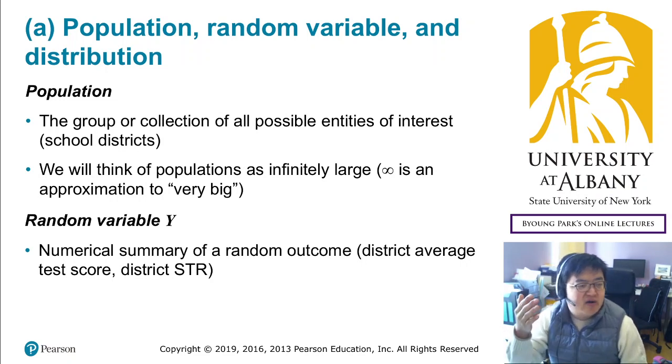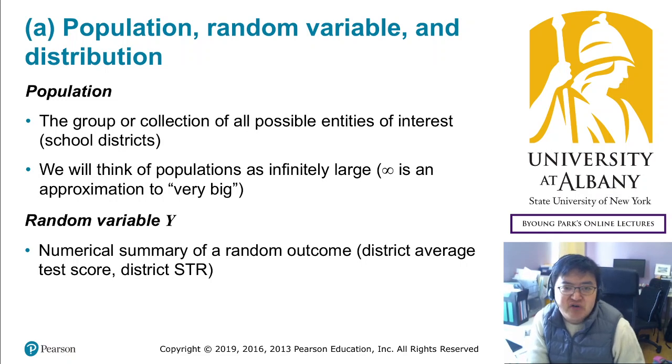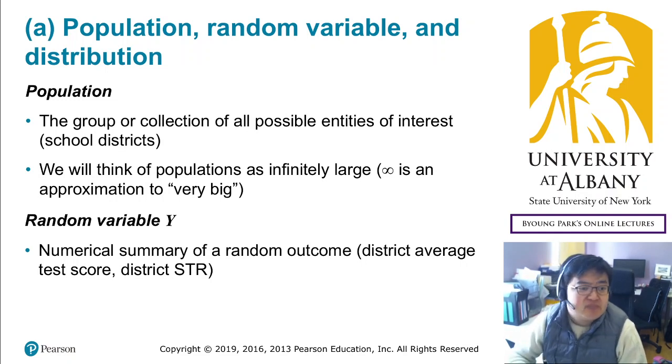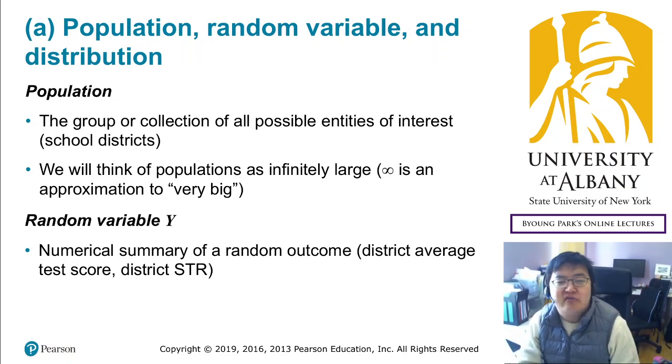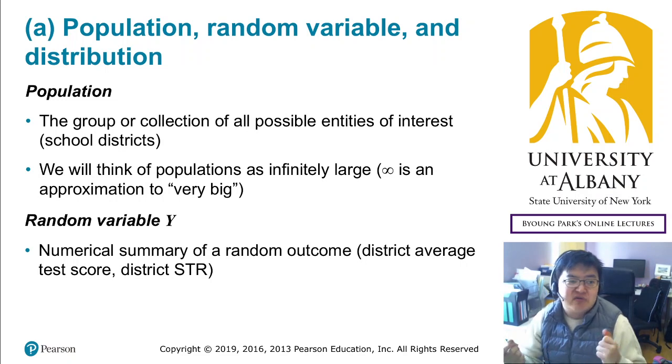So that is your ultimate goal. Ideally, if you observe everything in the population, then you are good. You don't need to worry about anything more than that. You don't need statistics at all. Once you know the whole population, there is no random error.